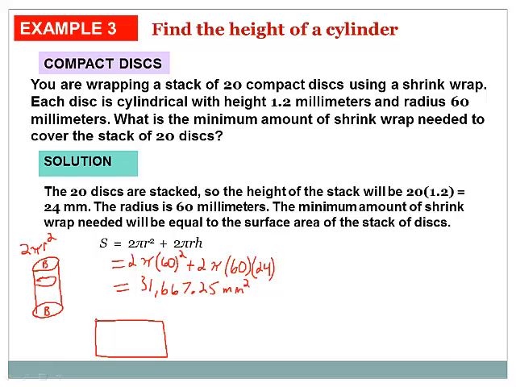And if you remember, the circumference of a circle is equal to 2 pi r. And since we have a rectangle, it's base times height, so the base is here. We need to find the height, which is just h. Therefore, altogether, we'd have 2 pi rh. So this is very similar to finding the surface area of a prism. We find the area of the parts, and then we add them together.